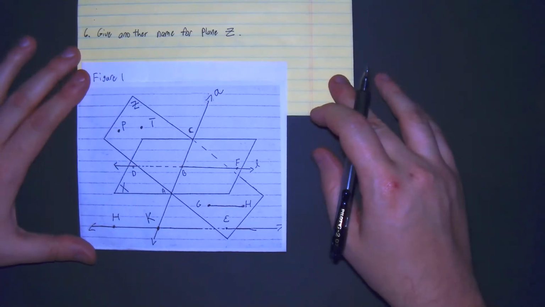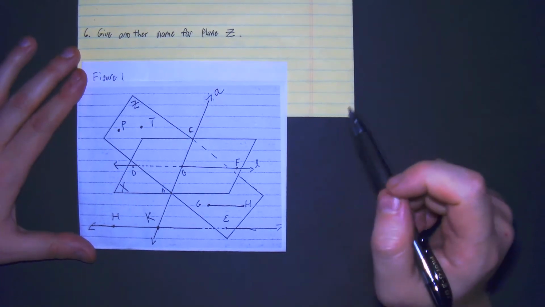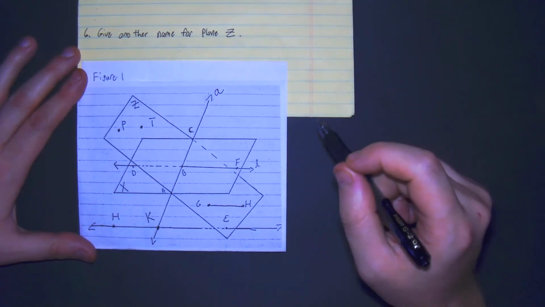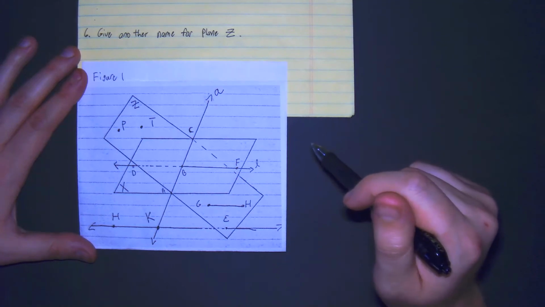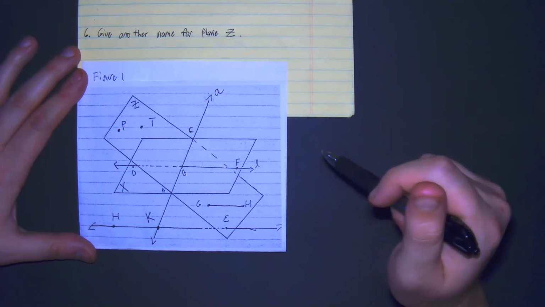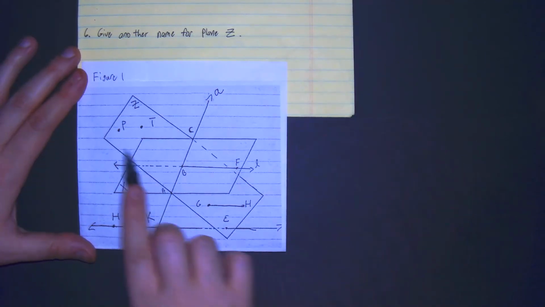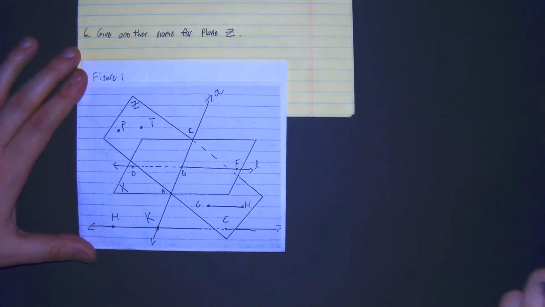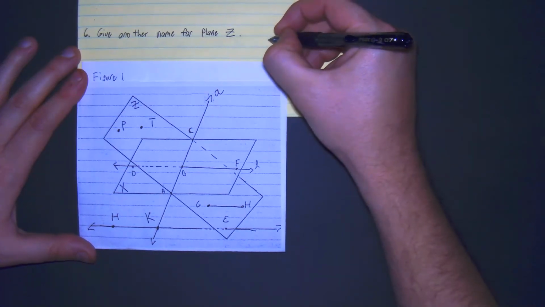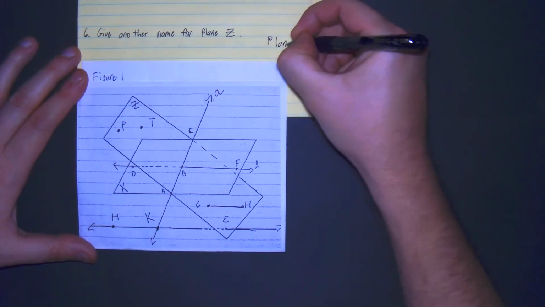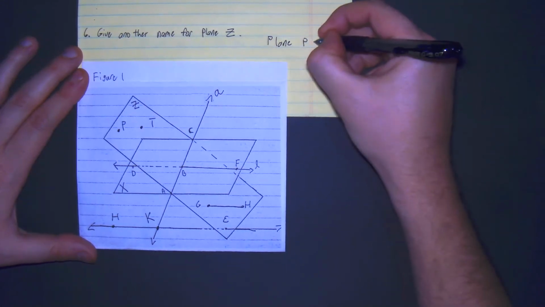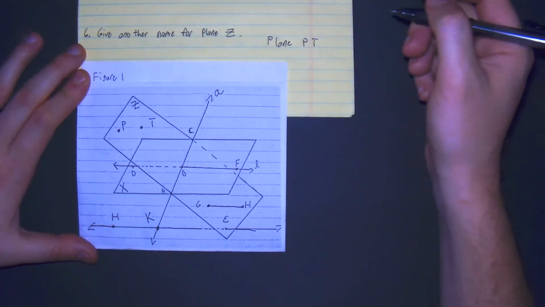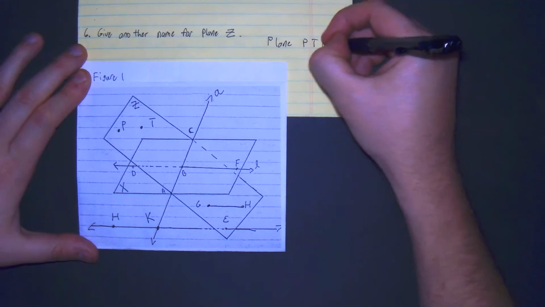Give another name for plane Z. Well, we need 3 non-collinear points to name it. So we could use P, T, G, or we could use G, H, T, as long as one of the points is not collinear. So it would be like this, plane PTG.